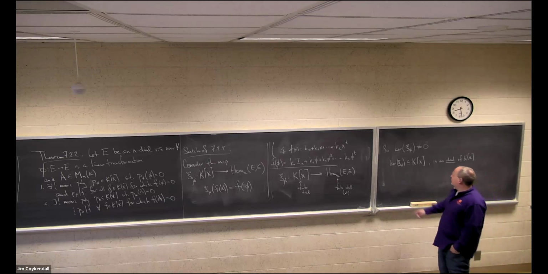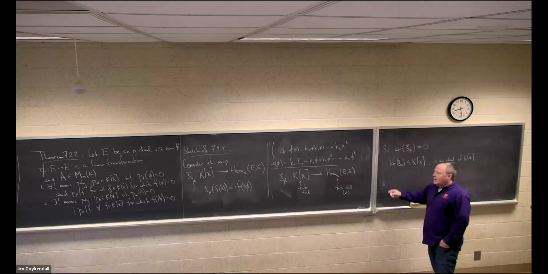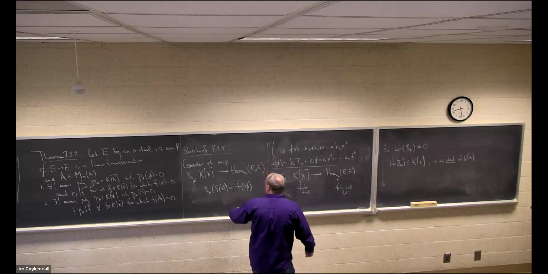It's certainly clear that when you have two things in the kernel of this, their sum is in the kernel. And what about multiplication from K? Well, think about the way this map works.